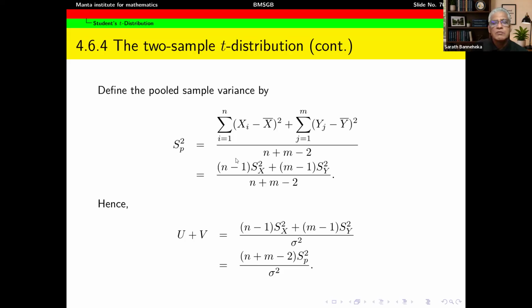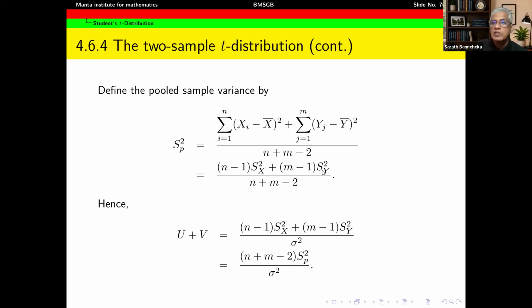Well, I can call it the weighted sum because this is n minus 1 times Sx square, so that is a weight here, and m minus 1 times Sy square, so that is a weight. Sx square is an estimator for sigma square from the first sample.